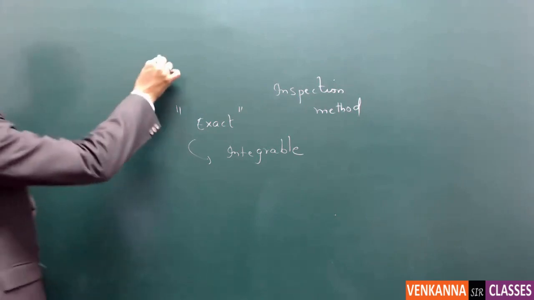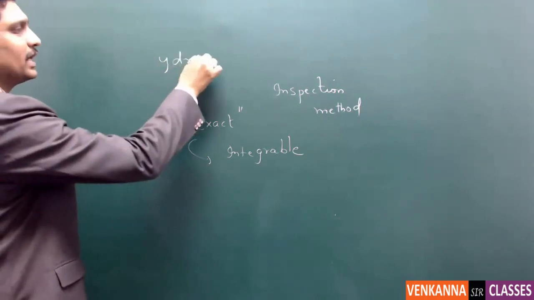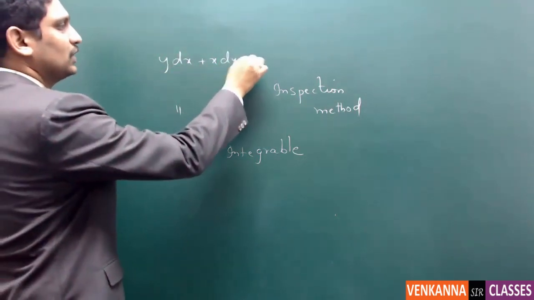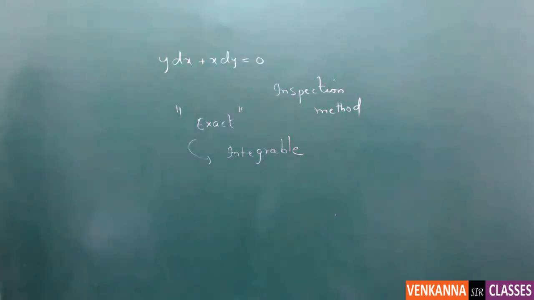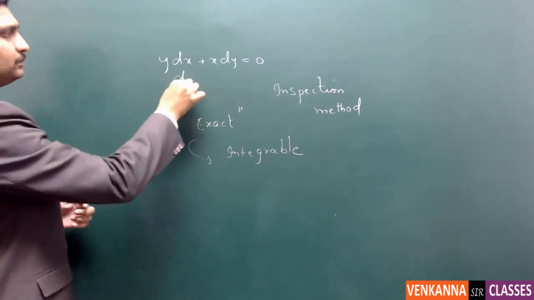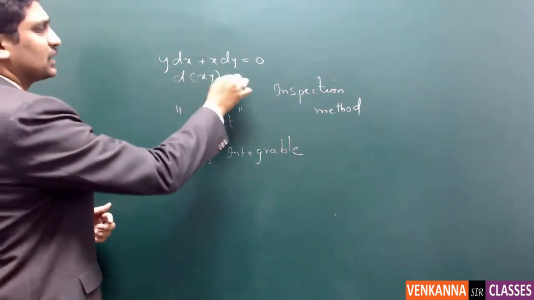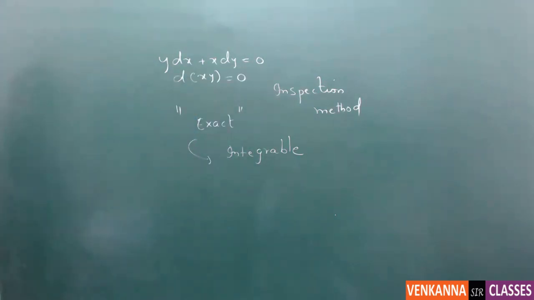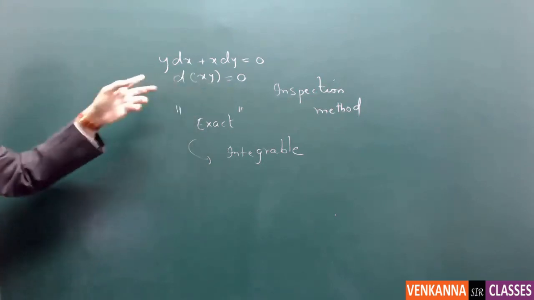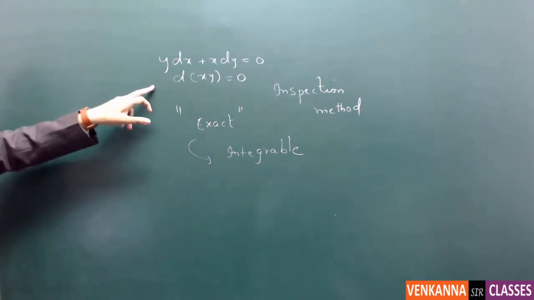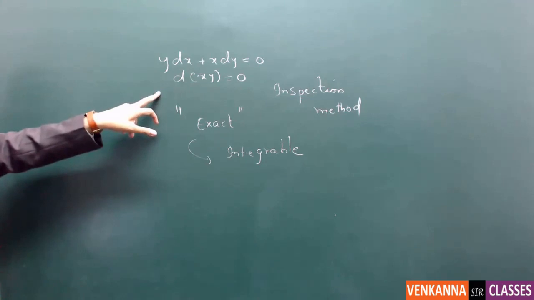Suppose we have y dx plus x dy equal to 0. This is an equation. So we can write this equation as derivative of xy equal to 0, so that it is easily integrable. Accepted? Yes or no?